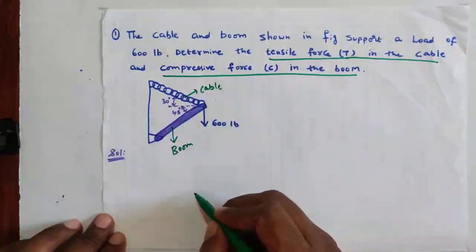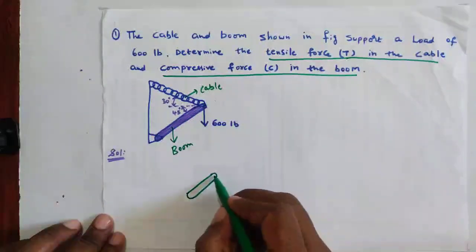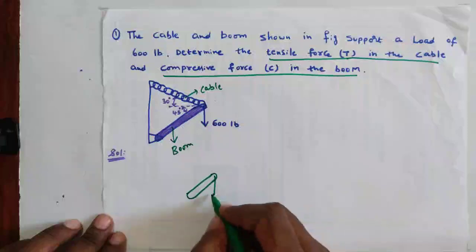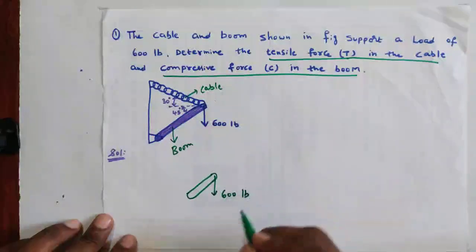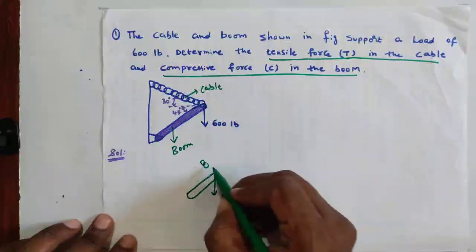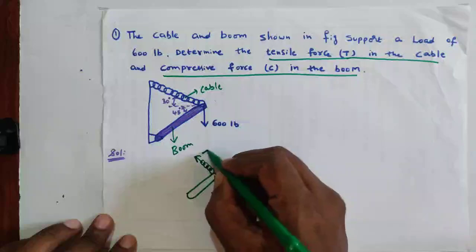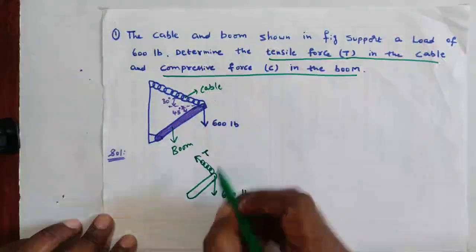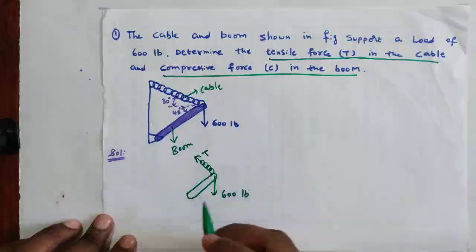If I draw the free body diagram, this is the boom and here 600 pounds of load is acting, and this is the chain or cable. In this cable the tensile force T will be acting, and due to this load a compressive force is acting on this boom.